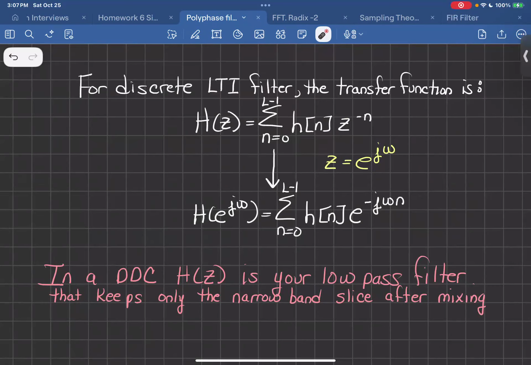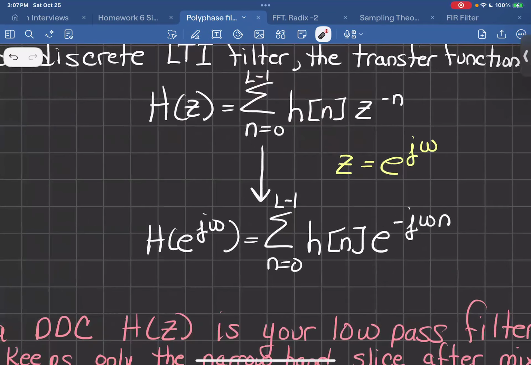All right, so first of all, for discrete linear time invariant filters, the transfer function is H of z, the sum from n equals 0 to L, where L relates to the filter coefficients. We'll see that in a second. And it's h of n times z to the minus n. So this might be the first time you've even seen z's.